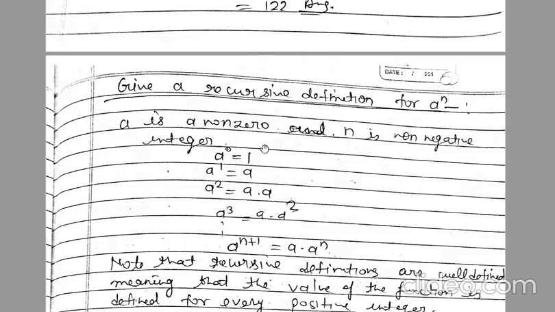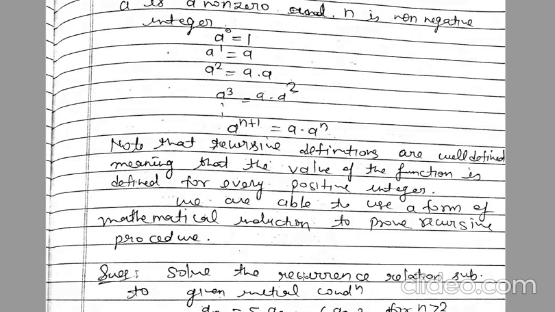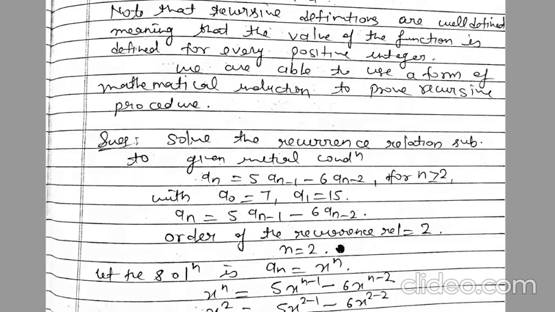So this is your multiplication sequence. Now note that recursive definitions are well defined, meaning that the value of the function is defined for every positive integer. We are able to use a form of mathematical induction to prove recursive procedures, right? I told you mathematical induction already, so we are just understanding the topic recursive procedure, right?